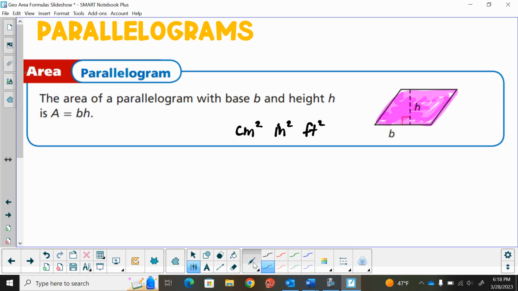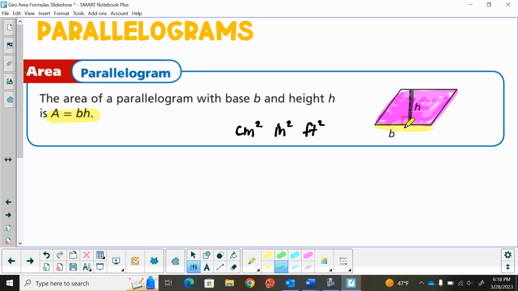So the formula for a parallelogram is base times height, where the base is really any one of the four sides, okay? Typically we think kind of just that bottom side. And then height, exactly what it sounds like, how tall is your parallelogram?